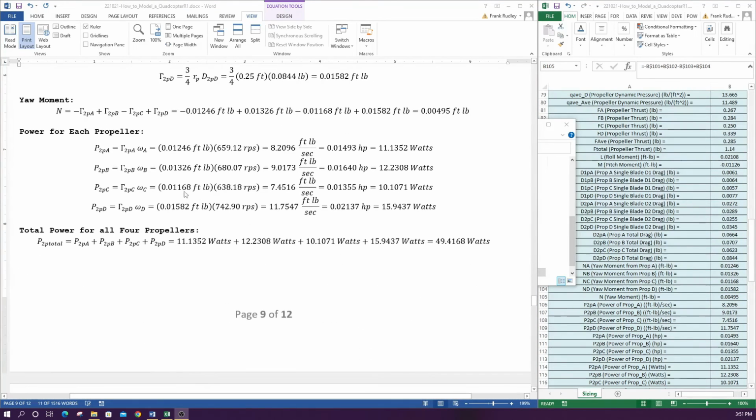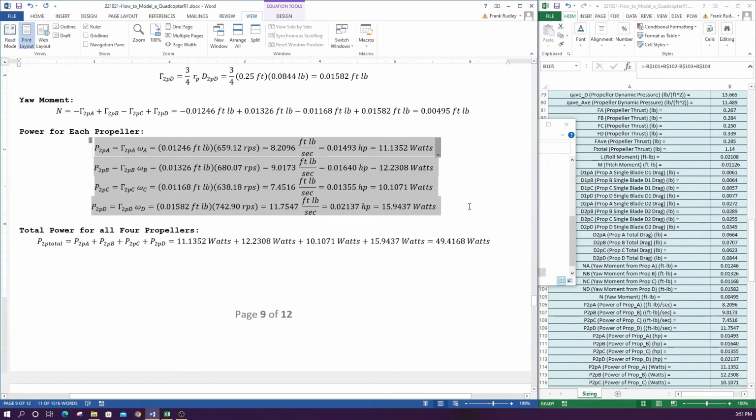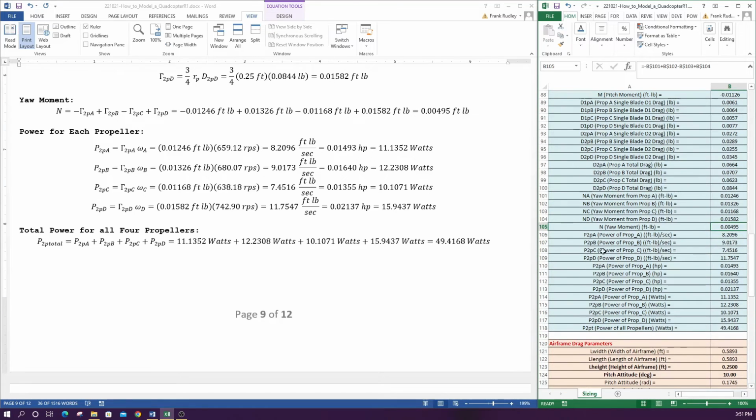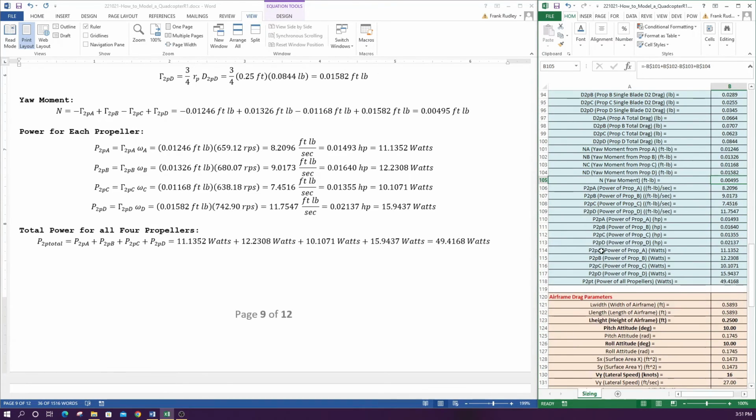Now we can compute the power for each propeller over here, and we want to make sure that it matches on our spreadsheet. So we're going to bring the spreadsheet up here. This is going to be in watts. This is our power here. I just want to make sure that for this one point it matches, so when we go on and do parametric variations, we can see how that works out.